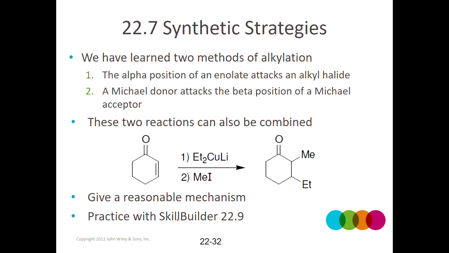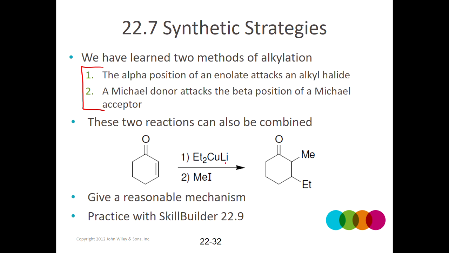There's also another strategy that actually combines two of these reactions together. And this strategy involves a weak nucleophile, like a Gilman reagent, or the enamine we just saw in the Stork reaction, or a doubly stabilized enolate.